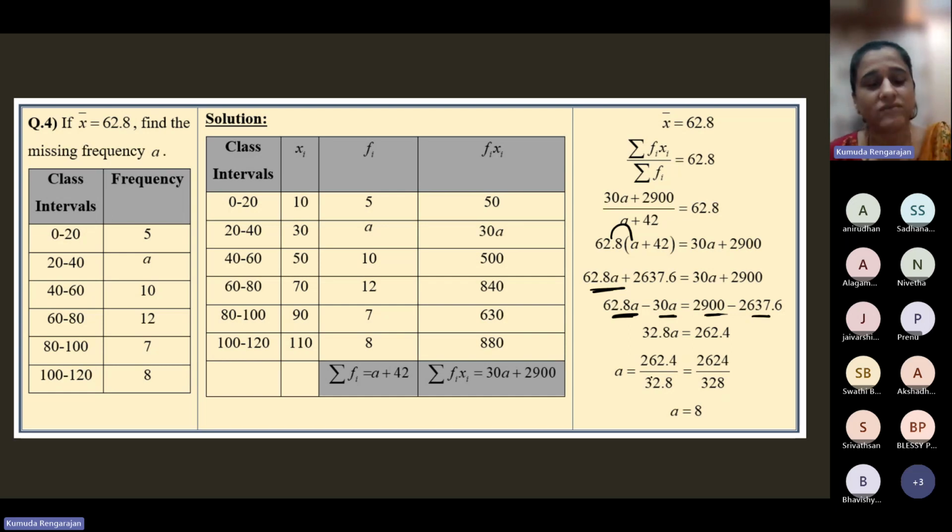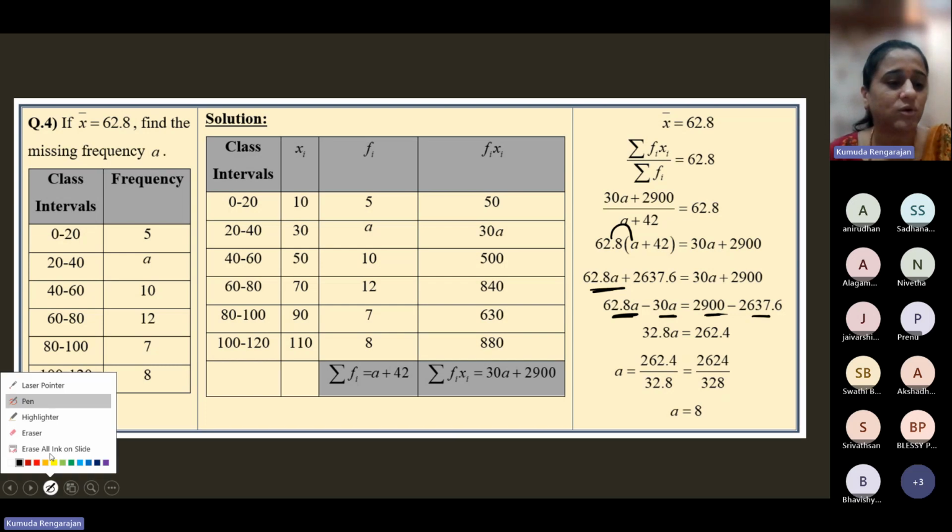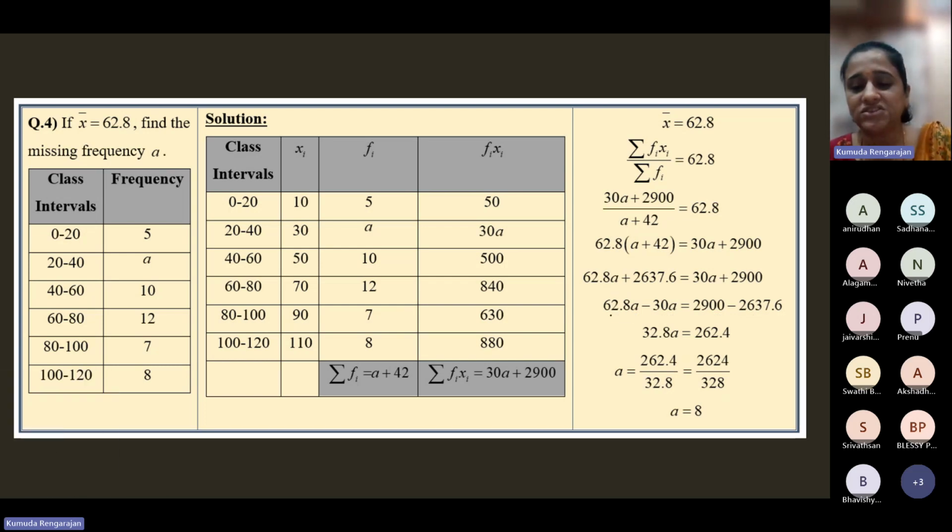Because you can simplify A with A only, meaning you can simplify only like terms, right? So 62.8A and 30A, you can simplify them. Like 5A minus 3A, it's 2A. They're like terms. So 62.8A minus 30A, 32.8A, is equal to this number, this difference.